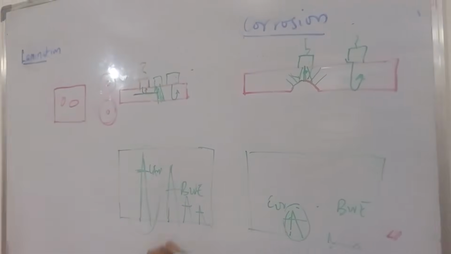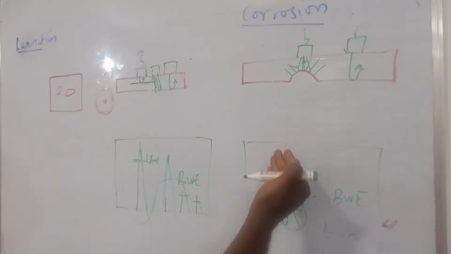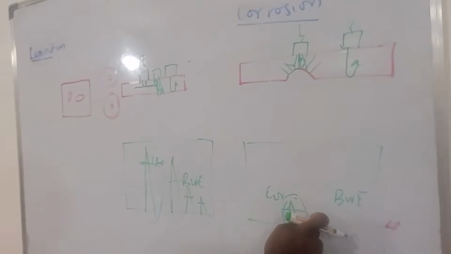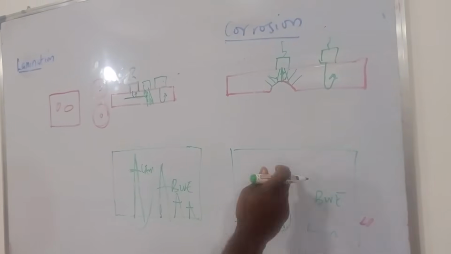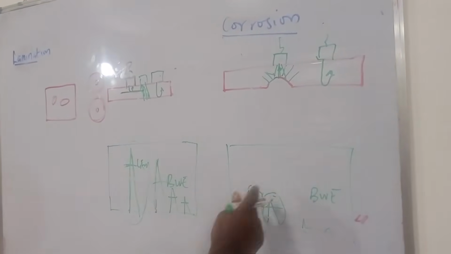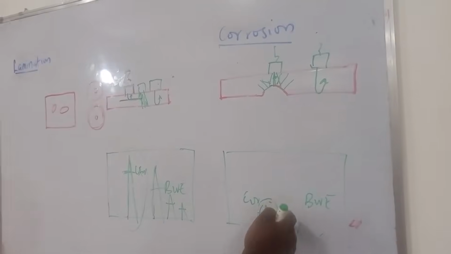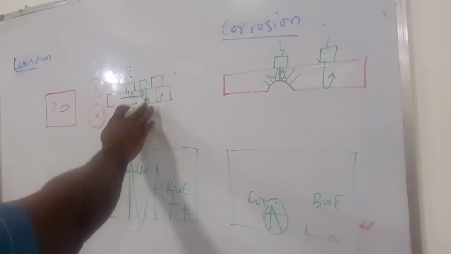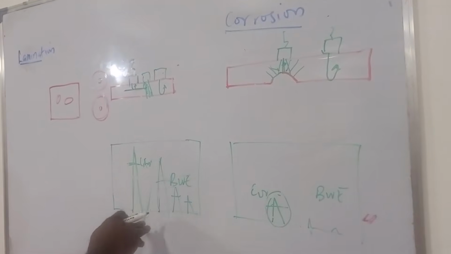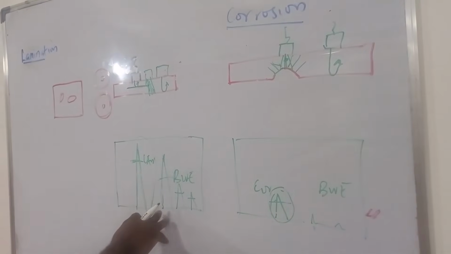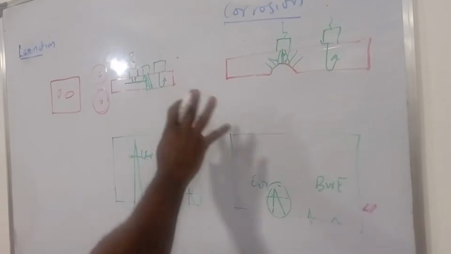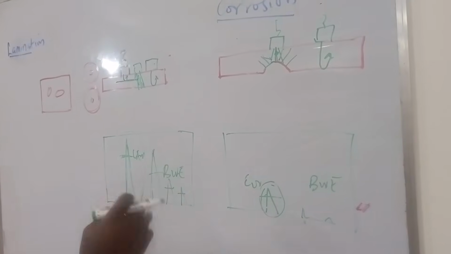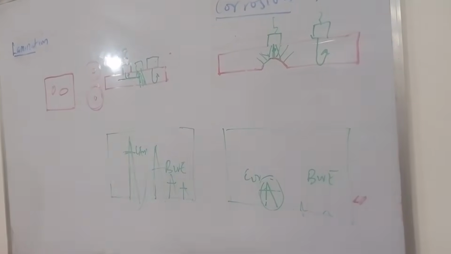The third one is most times when you have a corrosion echo, you are not going to find the back wall. Take note, both of them will usually come before the back wall, but in case of corrosion echo, you rarely find the back wall echo. But lamination, at the boundary of the lamination, you are likely to see the back wall echo. So these are basically the differences between corrosion and lamination. You cannot miss it.